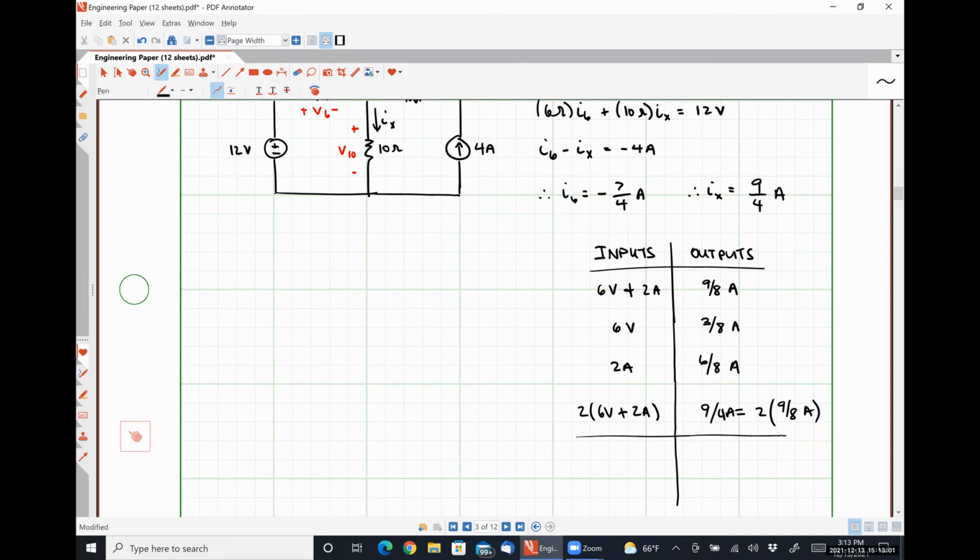And so I'm going to make a prediction here, all right? So I'm going to scale the voltage source by a factor of -3. So I'm going to have -3 times 6 volts, or a voltage of -18 volts. What should my expected output with just that voltage source on be?